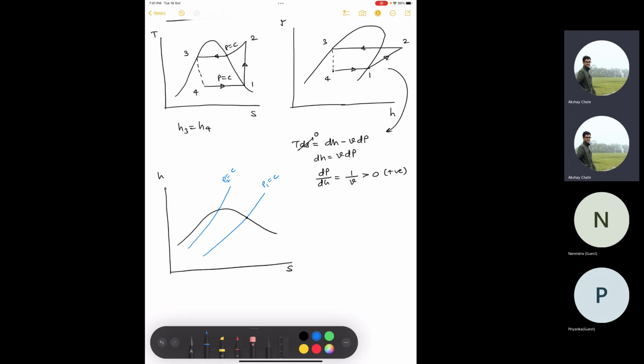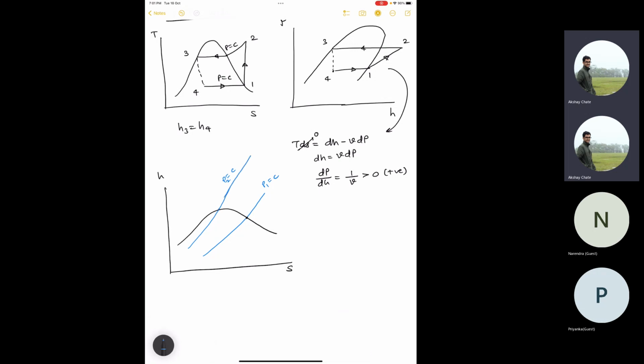Let me extend this line somewhat. It will be somewhat like this. So when you, let's say this is your point 1, when you compress, it goes like this. So this will be your point 2, and then you do constant pressure heat rejection, right? So you come along this pressure line, and you reach point 3, and then you do this throttling. So this should be a dotted line, and reach point 4, and then again 1. So it looks like this. It's a complicated drawing actually.